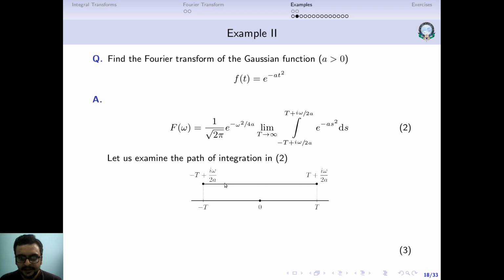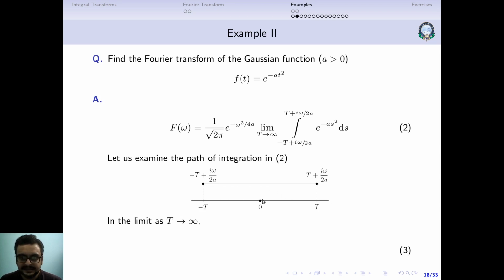If I take the limit as T tends to infinity, this will go towards negative infinity and this will go towards positive infinity. The path of integration is going to become extremely large. Looking at it as a contour integral, the contribution due to this part and the contribution due to this part is going to become negligible.